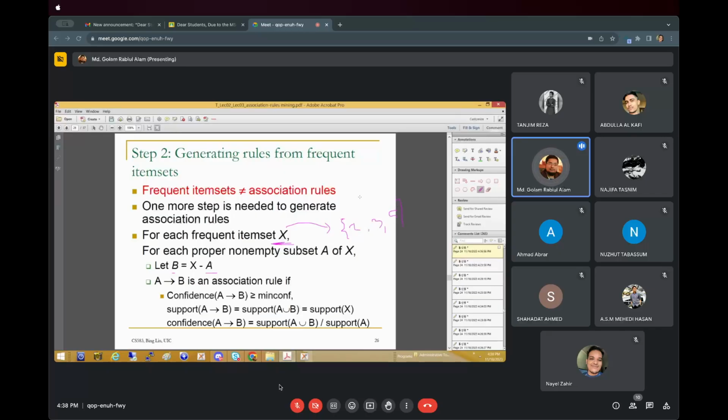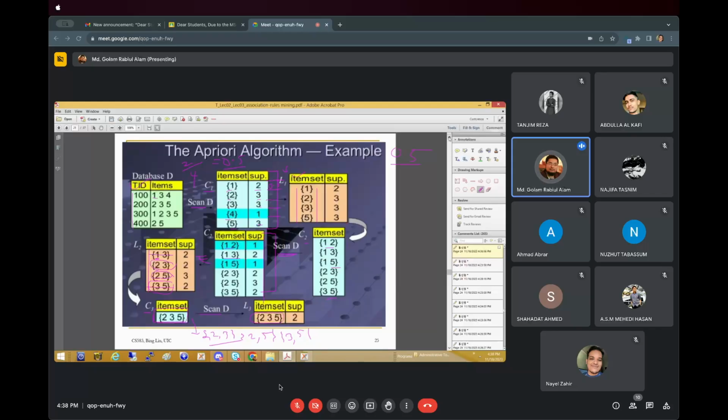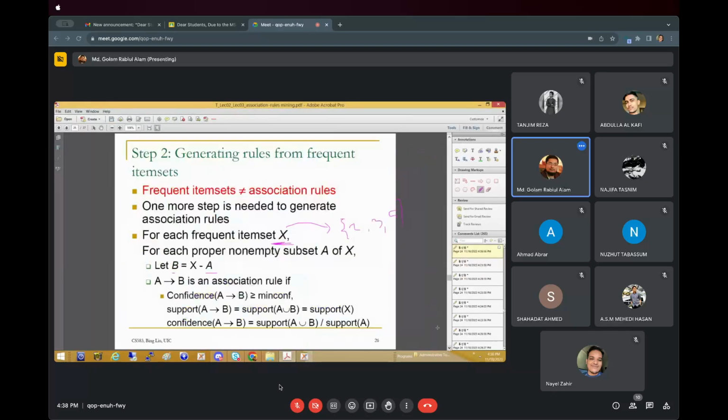We also have the 2-item frequent item sets: 1 3, 2 3, 2 5, 3 5. Actually, we have to consider all frequent item sets.